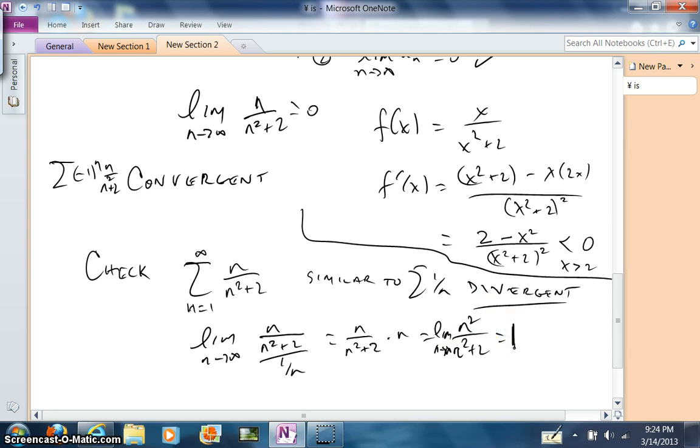So we have a constant not equal to 0, and so both either converge or both diverge, but since 1 over n was a divergent series that we used, that means this one diverges.